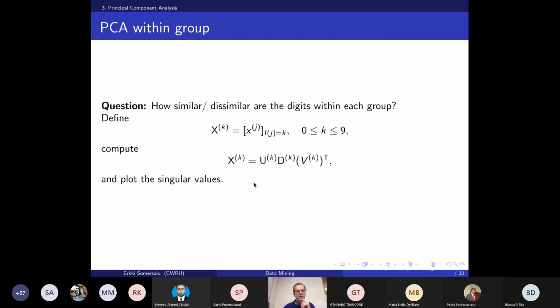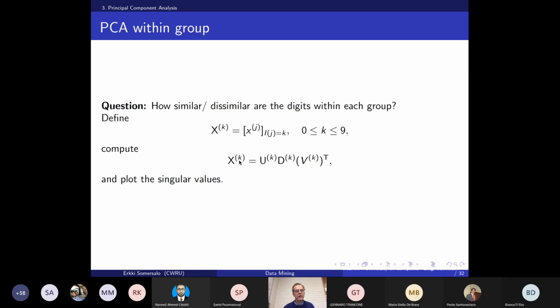First of all, let's divide the data set into subgroups, so that x0 represents the zeros, x1 represents ones, etc. I'm identifying those vectors which have the label k, and I'm collecting them into a matrix, and then I'm computing the singular value decomposition of that matrix.